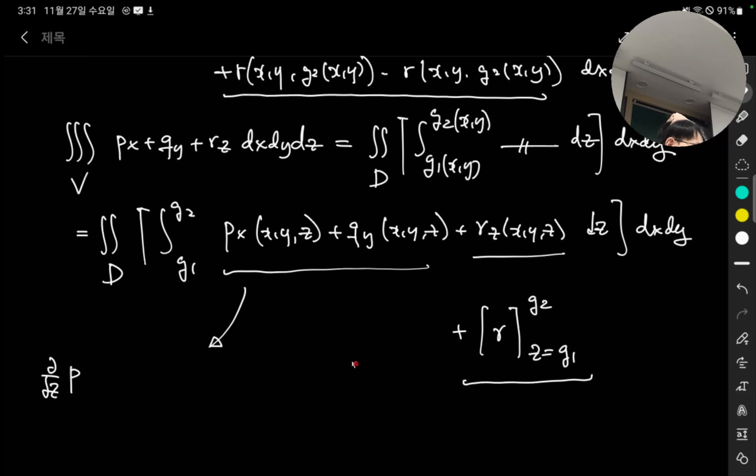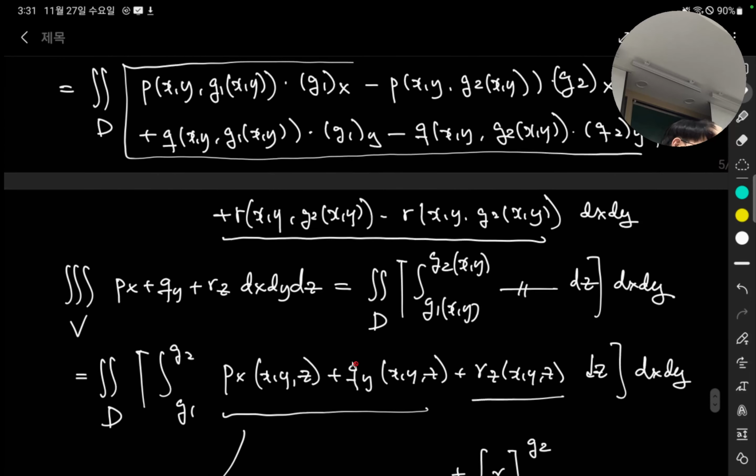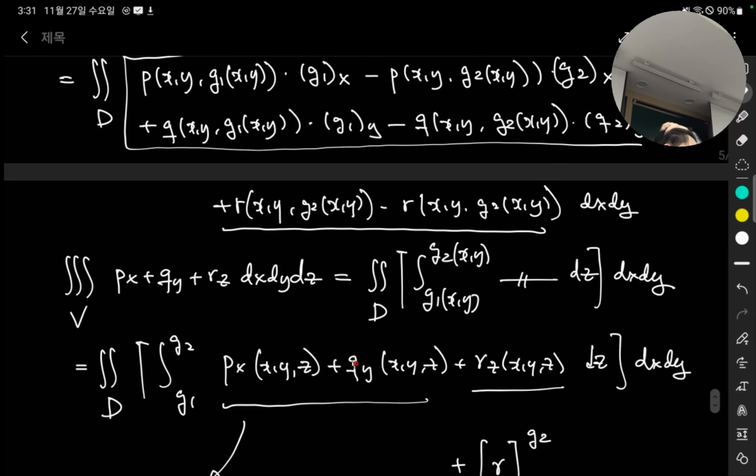Z direction. DZ. Should think about this one. Let's see.